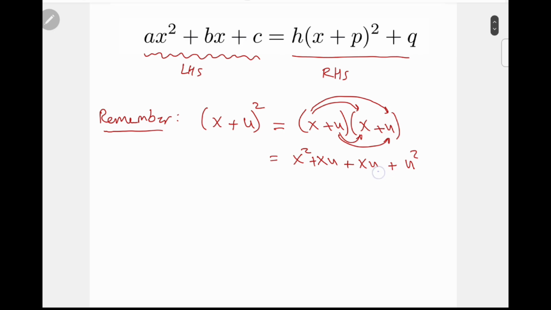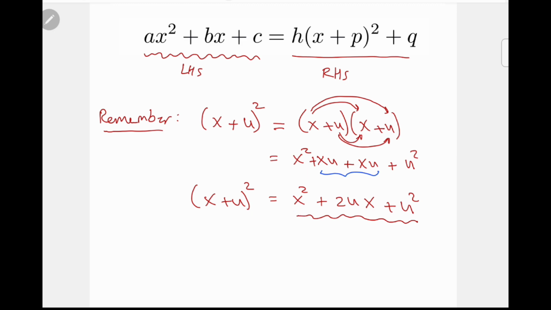And of course these two together are the same, so we add them together. That would be x squared plus 2ux plus u squared. So every time you see a quadratic expression in that format, you can easily express it like this.